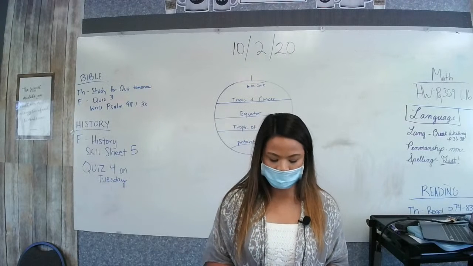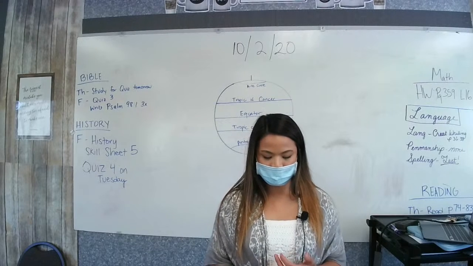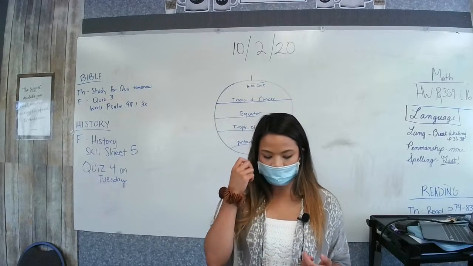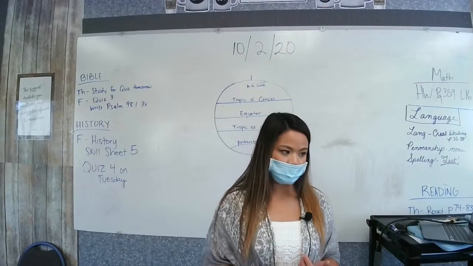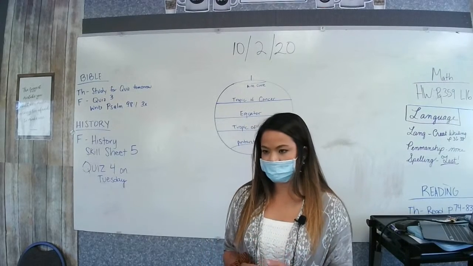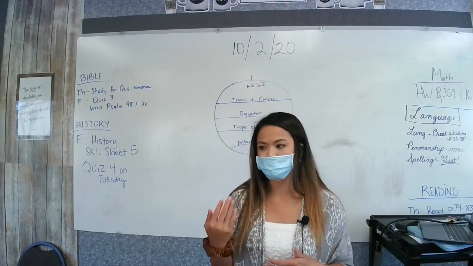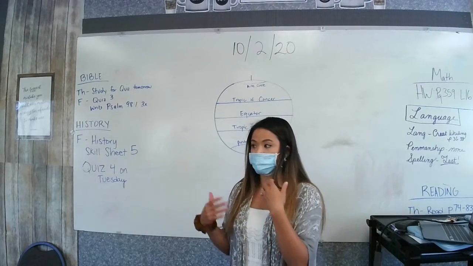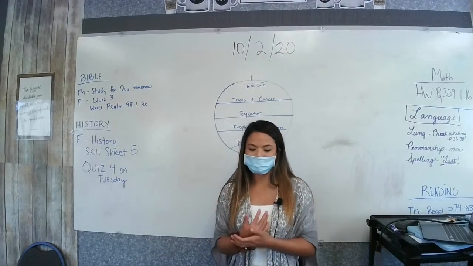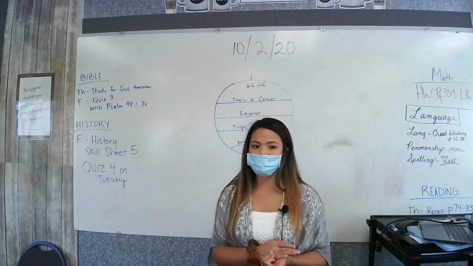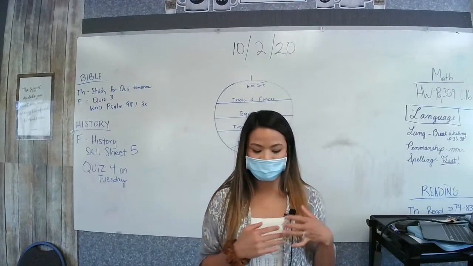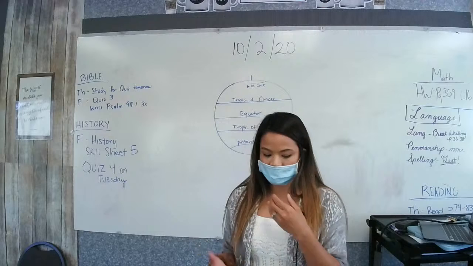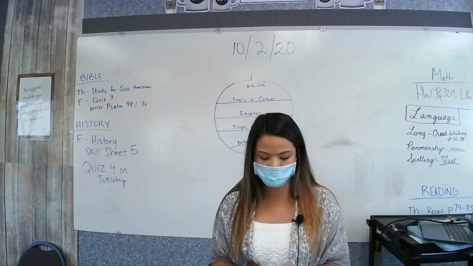So an empire is a group of countries or kingdoms that are under the control of a more powerful ruler. So a nation is like a bunch of people under one ruler, one country. An empire is a bunch of countries or kingdoms united under one powerful ruler, okay?